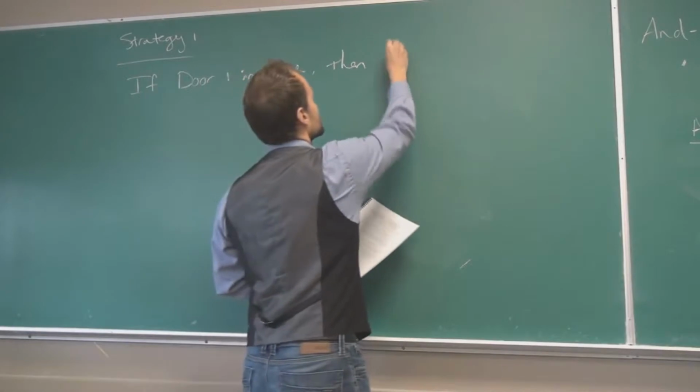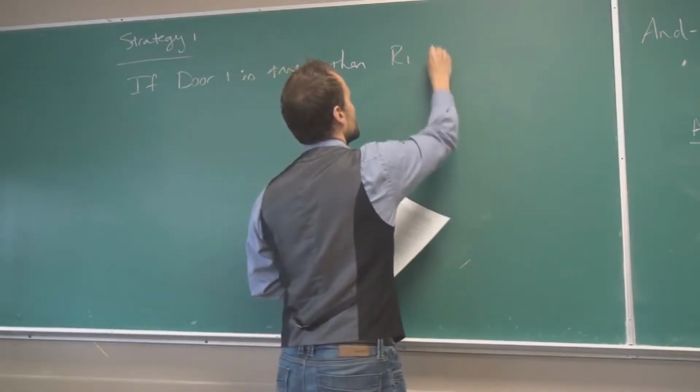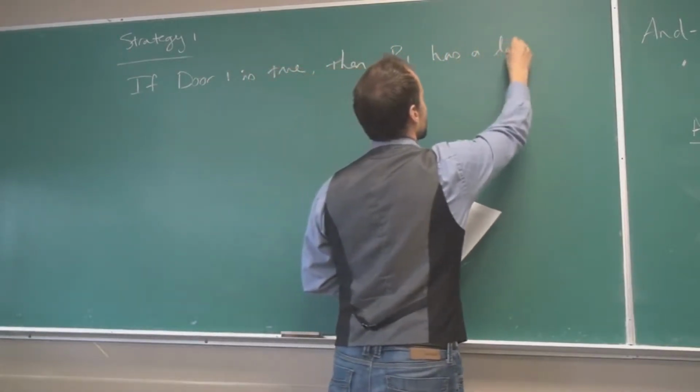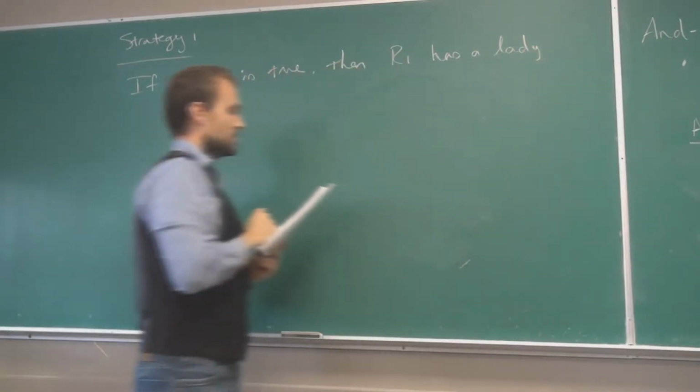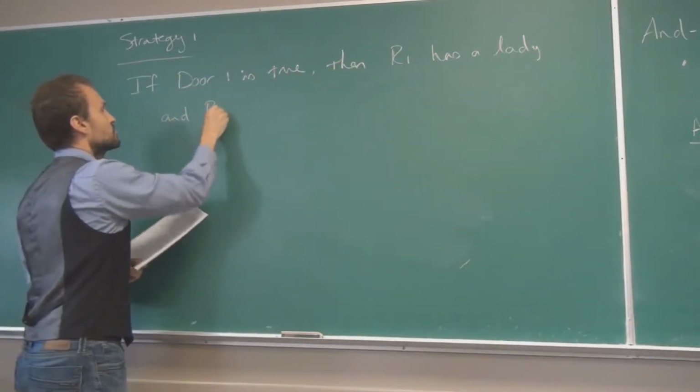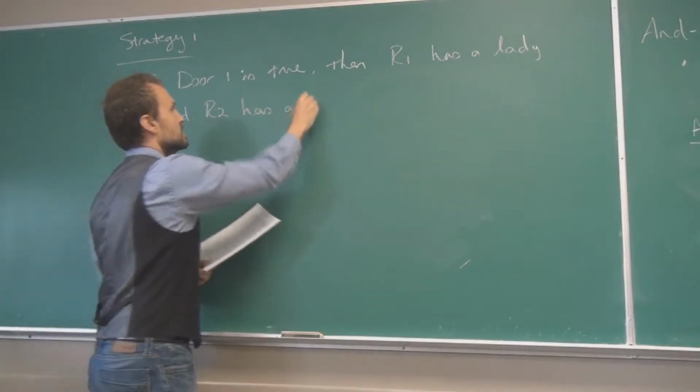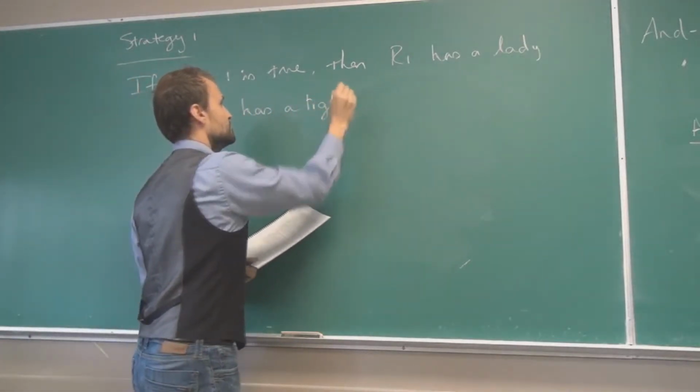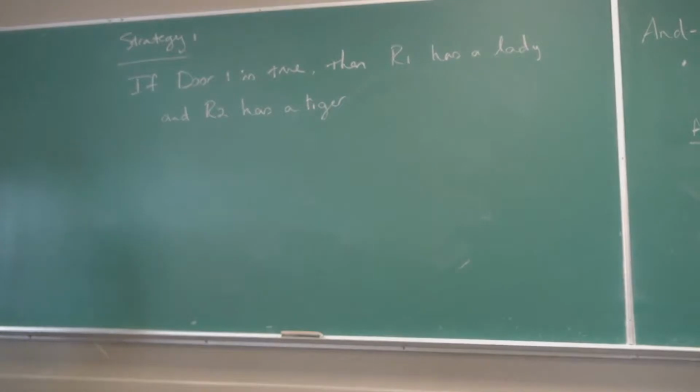Then I'll just shorten it. Room 1 has a lady, and room 2 has a tiger. What does door 2 say? In one of these rooms there is a lady, and in one of these rooms there is a tiger.